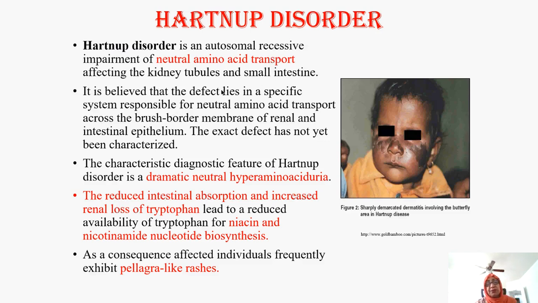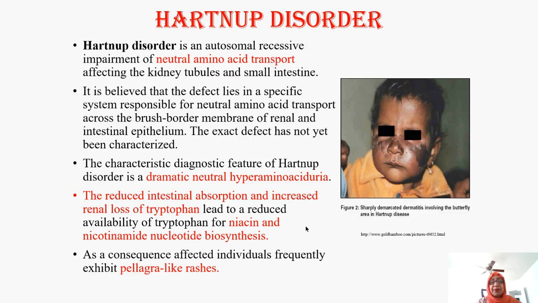Those patients with Hartnup disorder have defective transporters for neutral amino acids, and specifically tryptophan. So what does that mean? They don't have transporters. That means their cells cannot accept tryptophan. This will create two conditions. Number one, in order to make any protein or any enzyme in your cells, you have to have 20 amino acids.